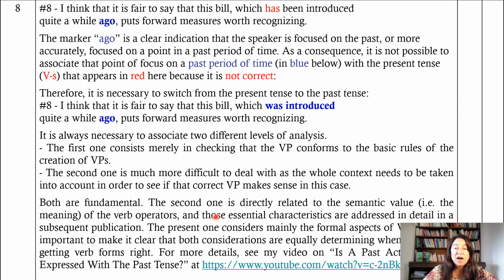The second one obviously is directly related to the semantic value of the verb operators, and we will deal with that really important aspect later on. You can have a look for more details at the video I made on the following question: is a past action always expressed with the past tense? And again, that's on the YouTube channel ESL Academy.